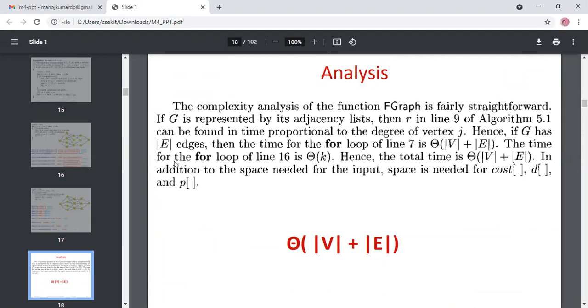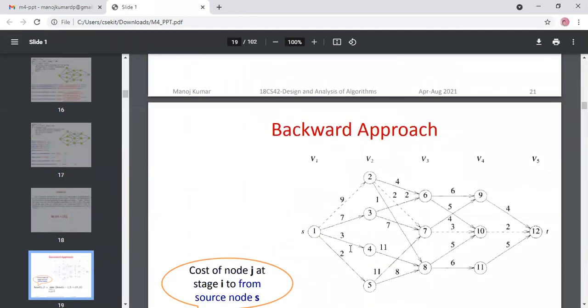Hence, if G has E edges, the time for the for loop is theta of V plus E. The time for the for loop in line 16 is theta of k. Hence the total time is theta of V plus E. In addition, the space needed for cost, d and p is theta of V plus E. Okay, so that is the forward approach.